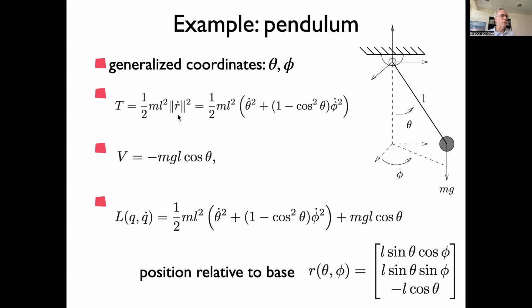Actually, I didn't quite do that right. So this would be the velocity. I have to compute the velocity of this here, so let's say it rotates here. I'm not quite sure actually what the r dot here is supposed to mean, but you could compute the velocity.